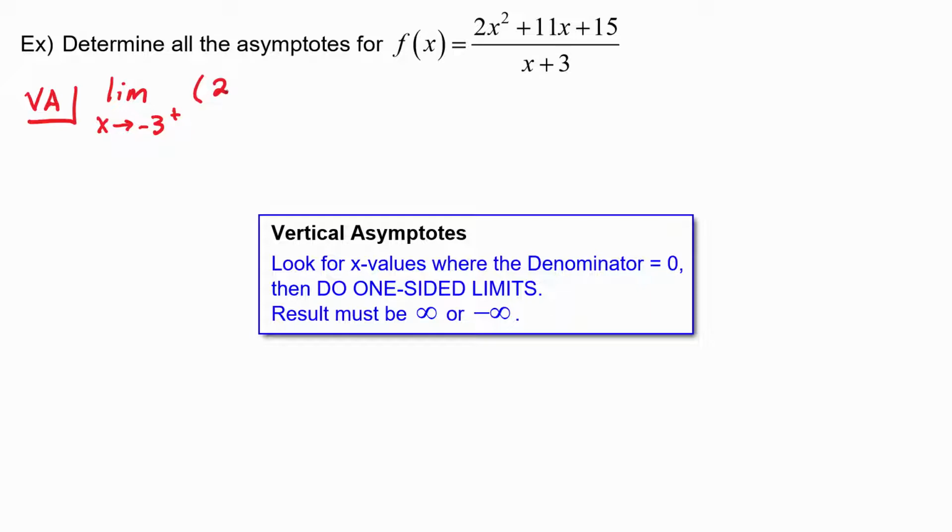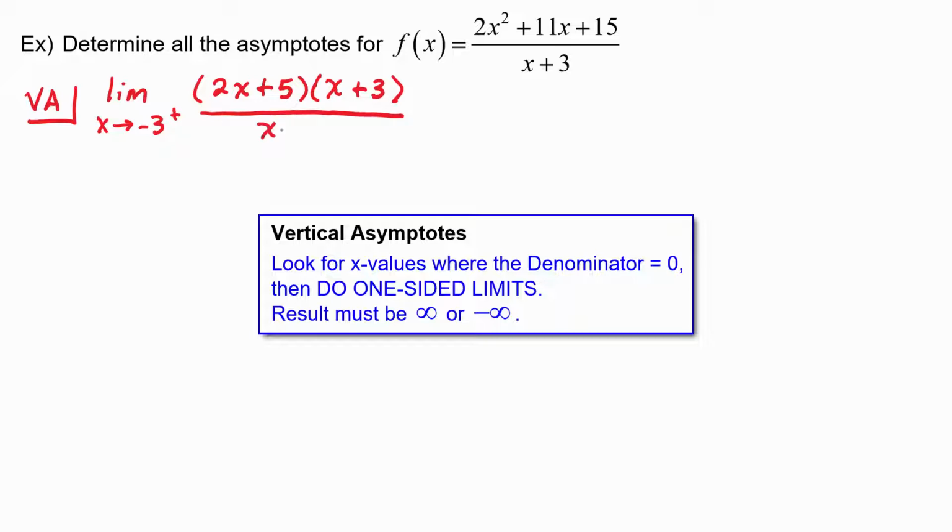We know the only way to get 2x squared is going to be 2x times x, and to get 15 we could either do 5 times 3 or 15 times 1. Let's try 5 times 3, and checking that, we would get 6x plus 5x gives us our 11x. So that's the proper factoring.